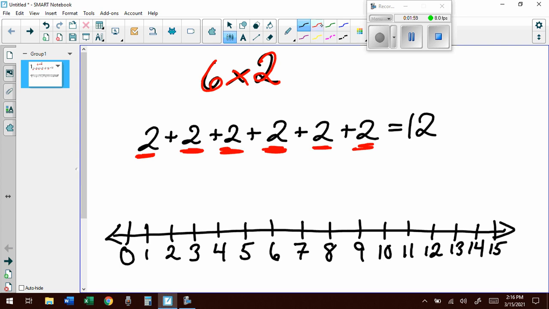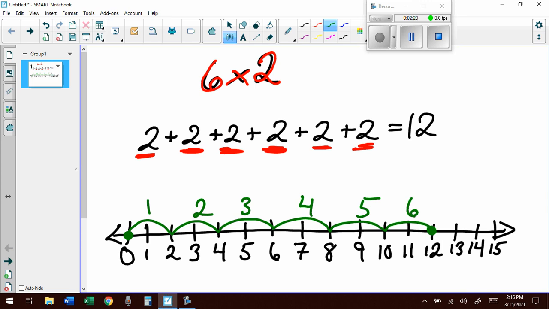Okay. And then we counted by groups of 2. So we started with nothing and went 2, 4, 6, 8, 10, 12. We made 1, 2, 3, 4, 5, 6 jumps. So we had a group of 2 6 times.